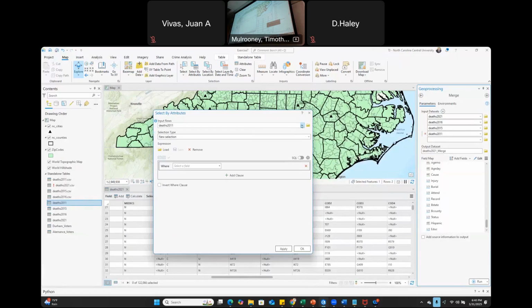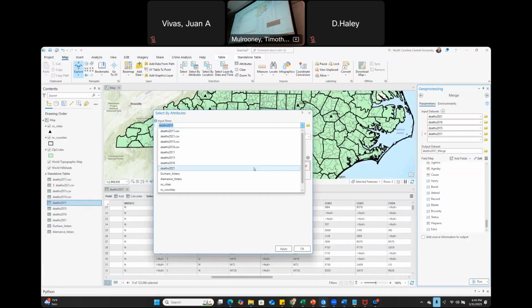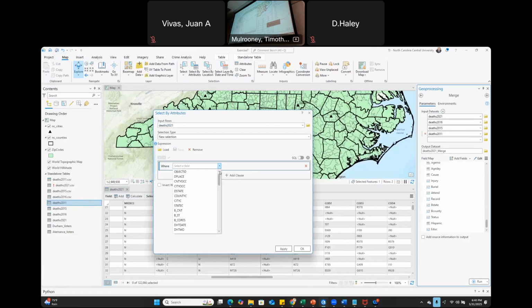So what am I going to look for under the input rows? I'm going to look for deaths 2021, where what? Code 1 is equal to what?